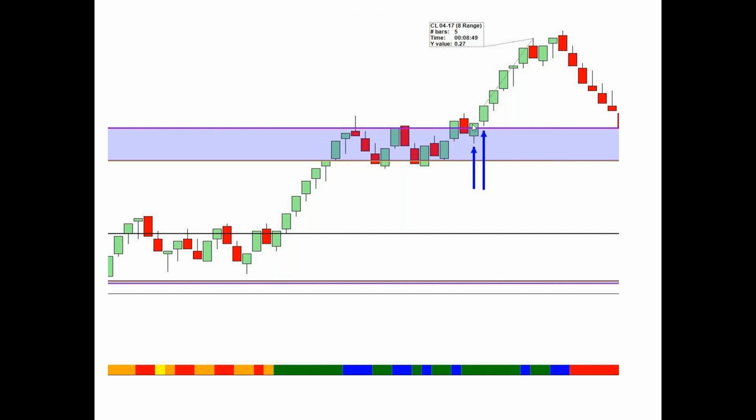So as soon as you break resistance, you're going to take a long trade. And that's going to give you what we consider to be a low risk, high potential reward trade. And what you need to do when you trade is you need to avoid risk. And this is the way to do it.